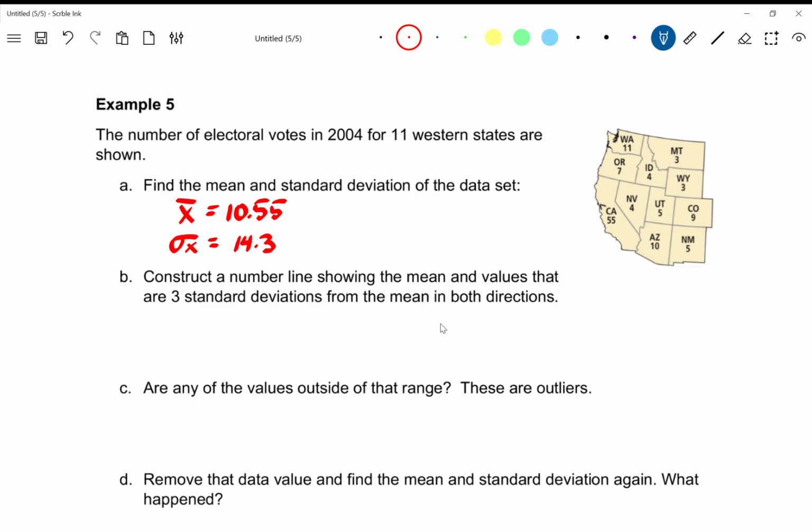It says construct a number line showing the mean and values that are 3 standard deviations in both directions. Okay, let me get another line here. So we've got the mean, 10.55.